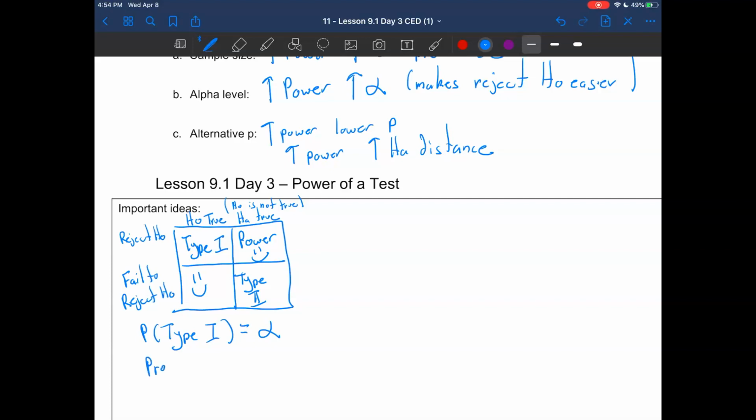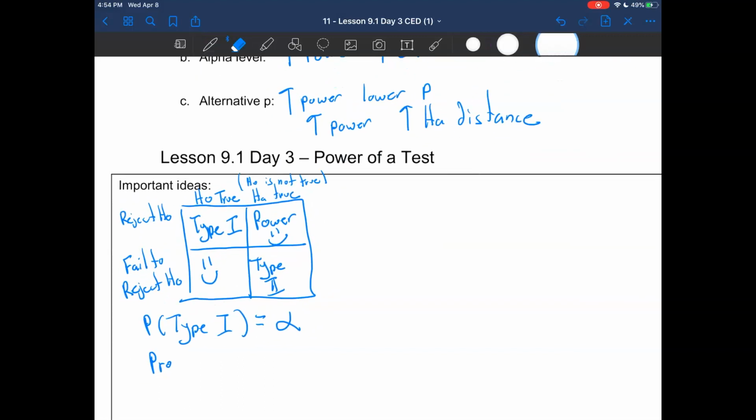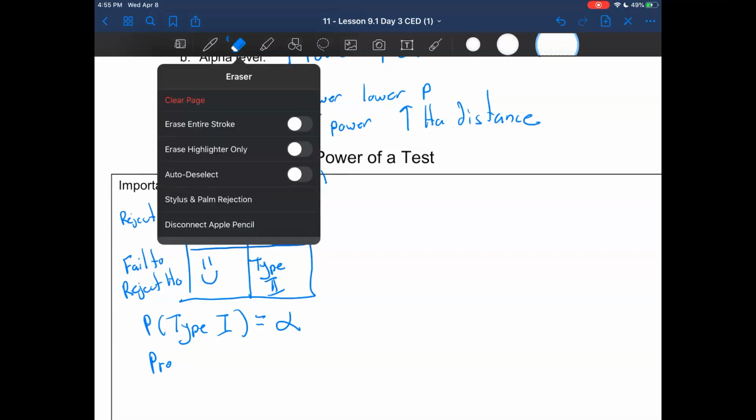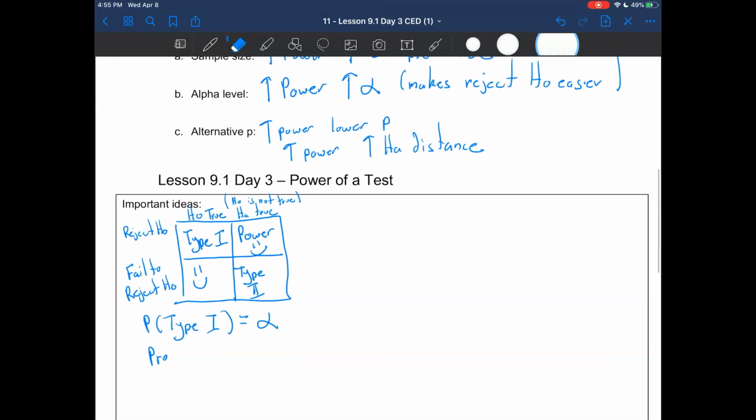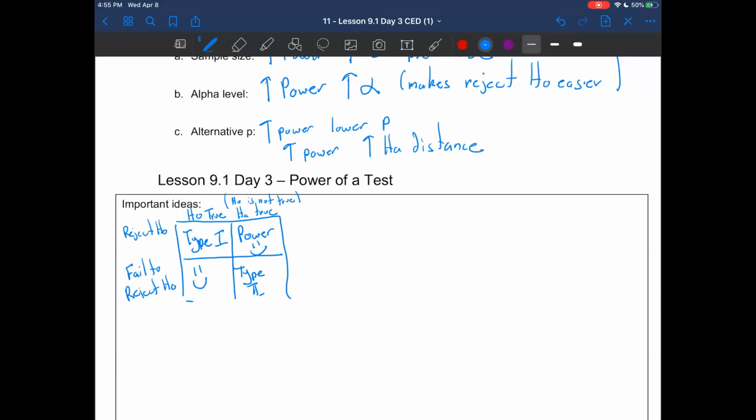The probability of our type 1 error we know is equal to our significance level.